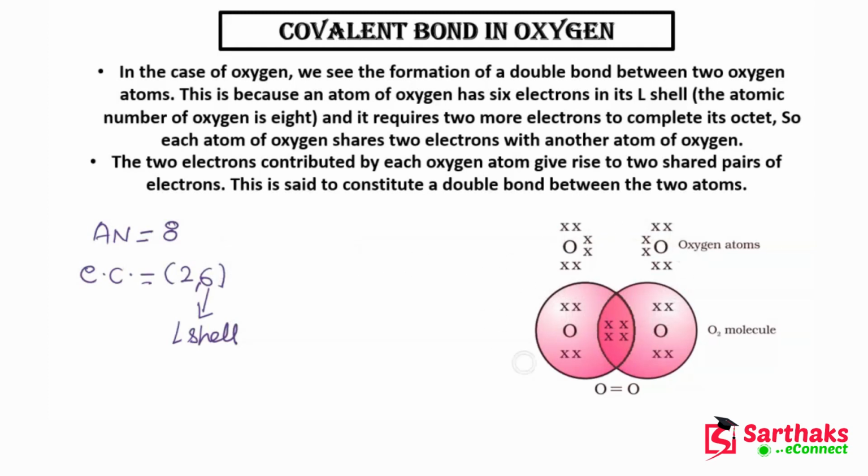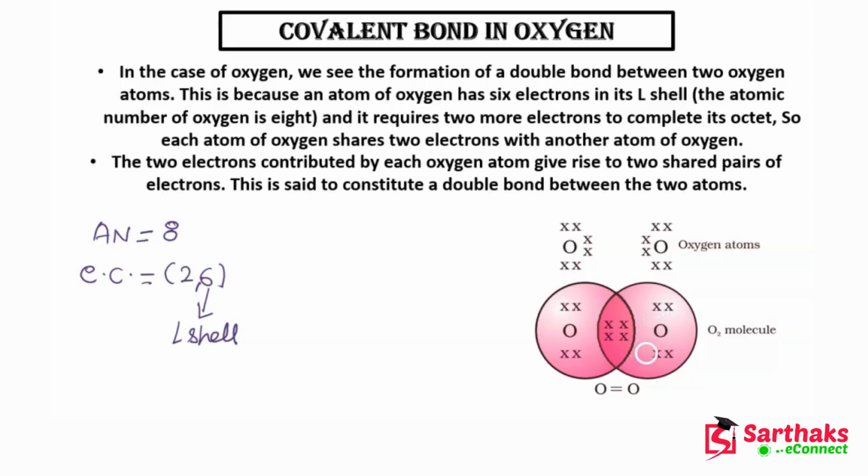You can see here in this picture, this oxygen has 6 electrons in its valence shell, 1 2 3 4 5 6. Now this another atom of oxygen also wants 2 electrons to complete its octet, and it has also 6 electrons in its valence shell.